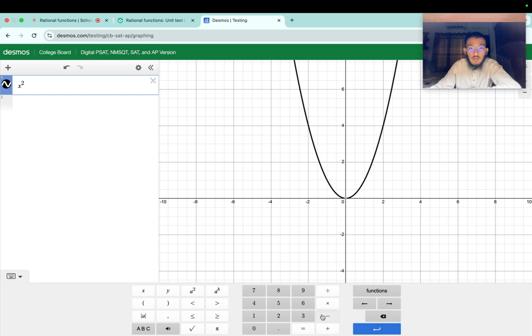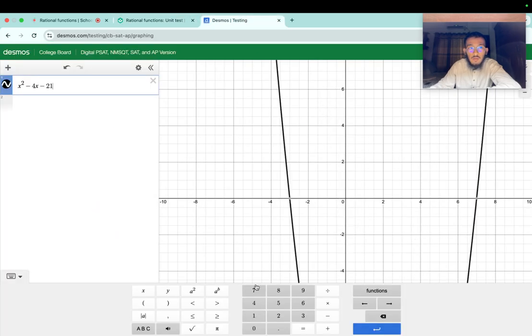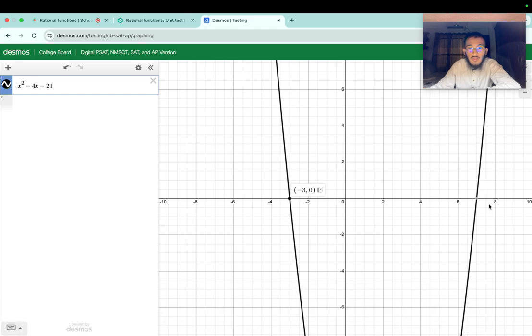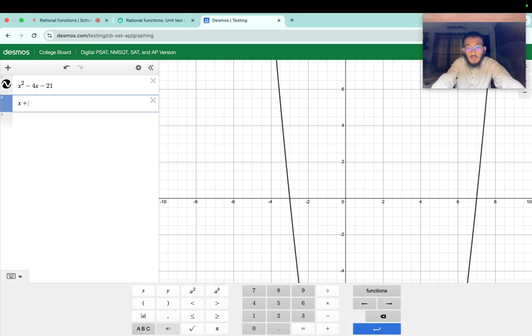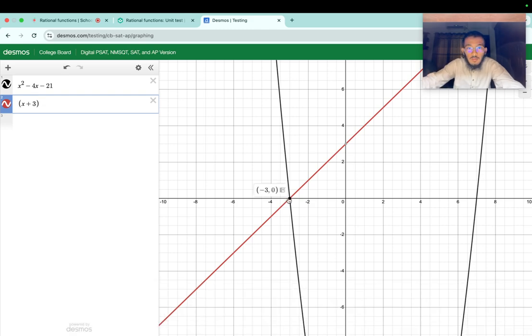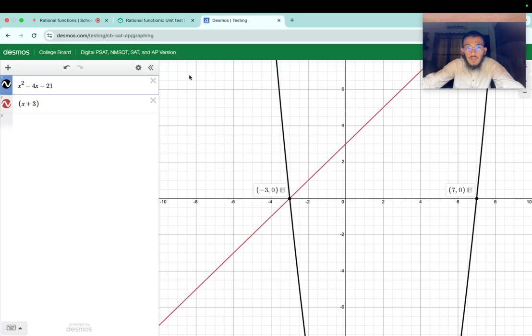It is (x plus 3)(x minus 7), because I have positive 7 and the minus, and negative means positive.